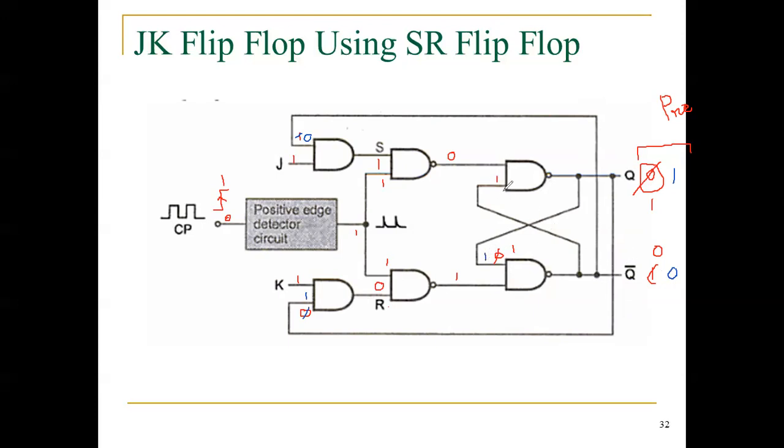This 0 goes to here. Then now the operation. All the inputs are 1 here. Hence output will be 1. Then one of the inputs is equal to 0, so my output is equal to 0 here. Then one of the inputs is equal to 0.